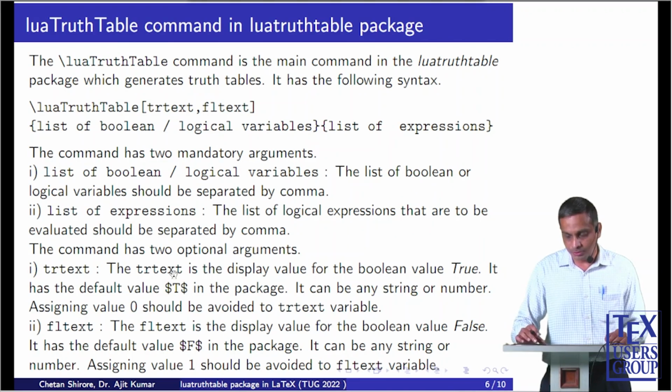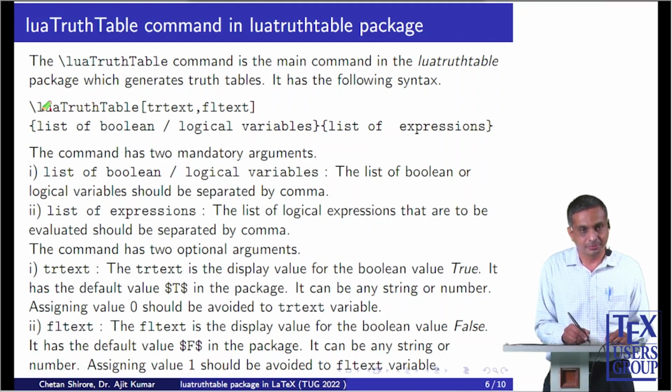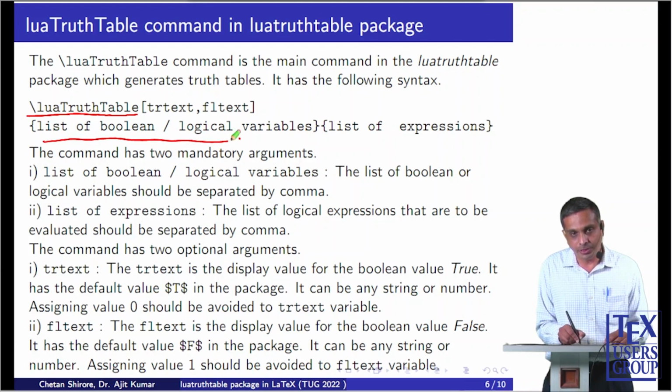This luatruthtable command has 2 necessary arguments and 2 optional arguments. The name of the command is /luatruthtable, and it has 2 mandatory arguments. First is a list of boolean or logical variables, and second is a list of expressions.